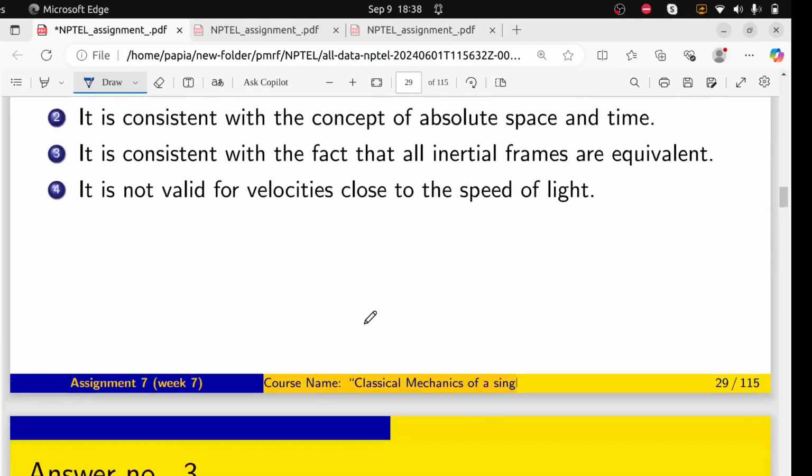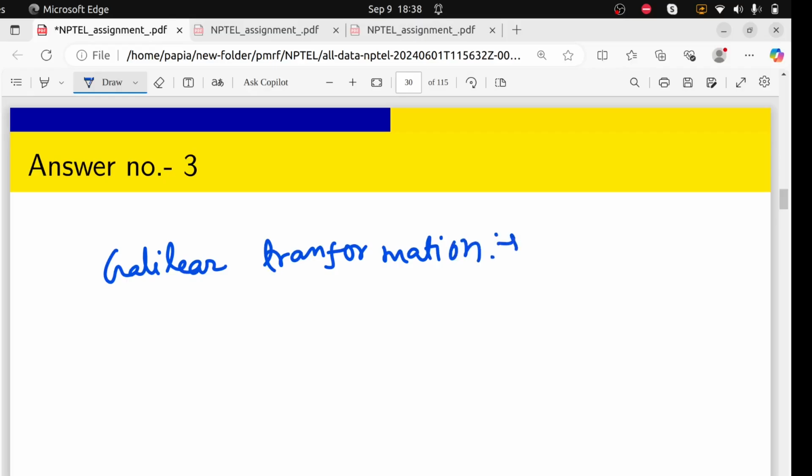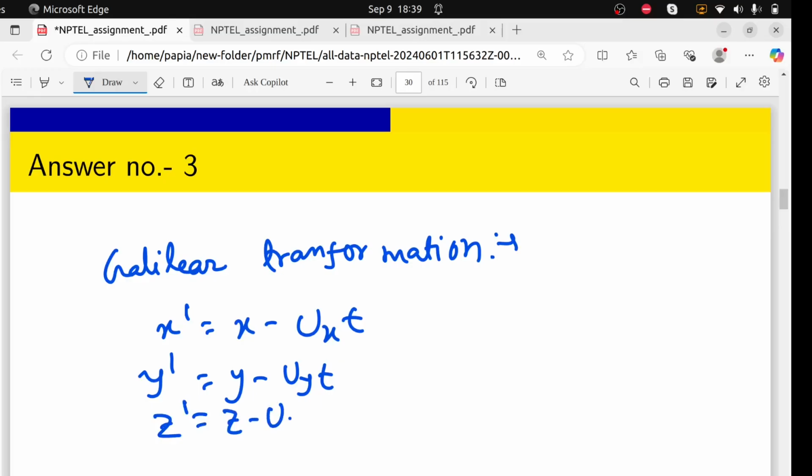First of all, Galilean transformation tells us that, let me write here, for the xyz coordinates we have x prime equals x minus uxt, y prime equals y minus uyt, z prime equals z minus uzt, and sir was explaining all these things very well.